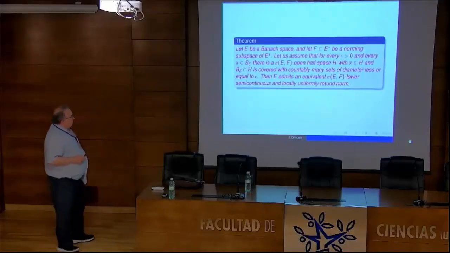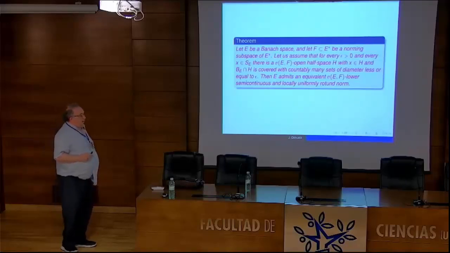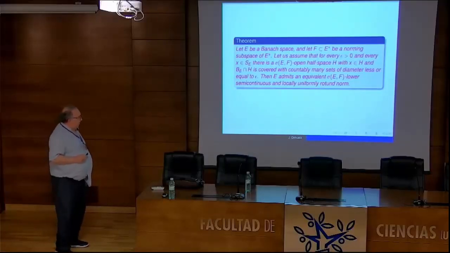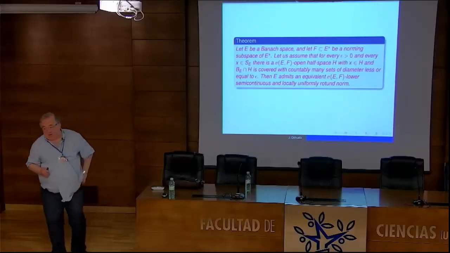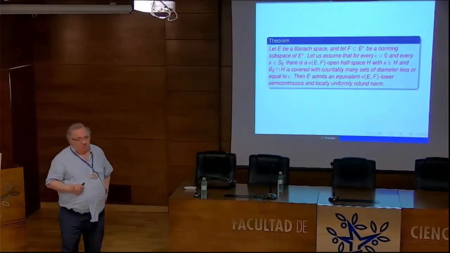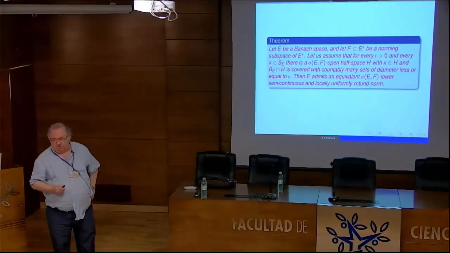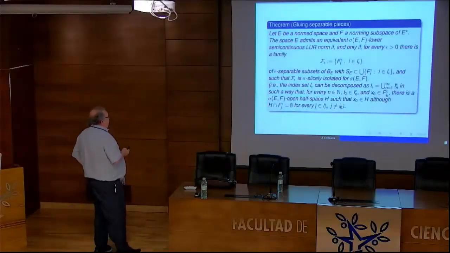If I have a Banach space, and for every epsilon and every x in the sphere there is a half space such that the slice is covered with countably many sets of diameter less than epsilon, then it admits an equivalent lower semi-continuous and locally uniformly rotund norm. This is something that I said even before. But this is the statement of the theorem just now.